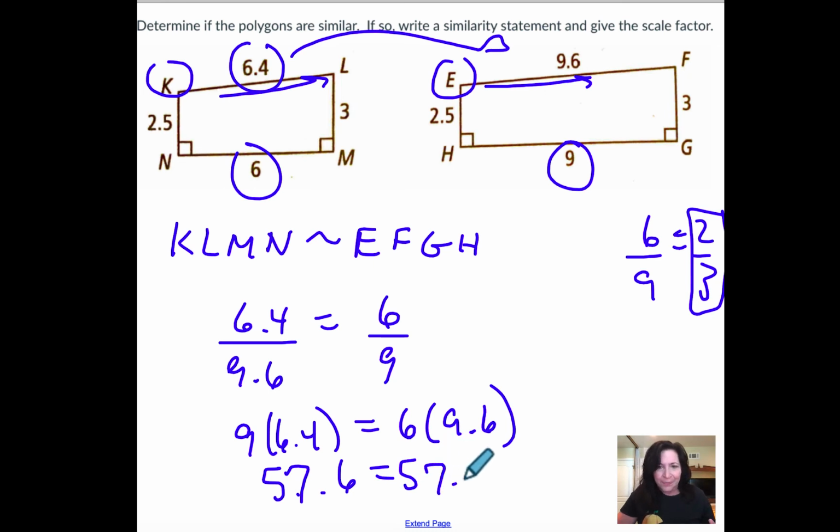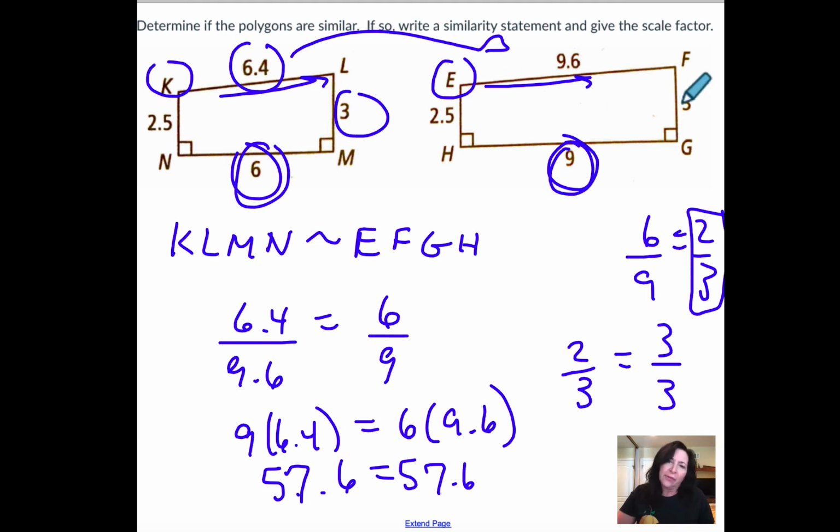So, that does work. However, let's try this again. 6 is to 9, or 2/3. 2 is to 3 as 3 is to 3. So if I cross multiply, right, I'm going 6 is to 9 as 3 is to 3. That would be 2 times 3 is 6 equals 9.